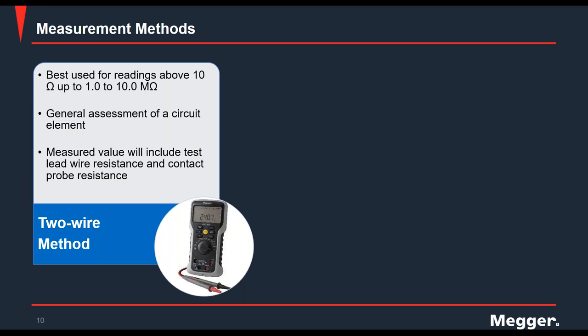Now, if you're measuring, say, a resistance value of 100 ohms, and the lead resistance and the contact probe resistance total about 10 milliohms, that 10 milliohm value may not be significant enough to affect your final reading of 100 ohms. However, in the low resistance spectrum, that 10 milliohm might completely skew the reading that you're trying to get. So let's look at the next method.